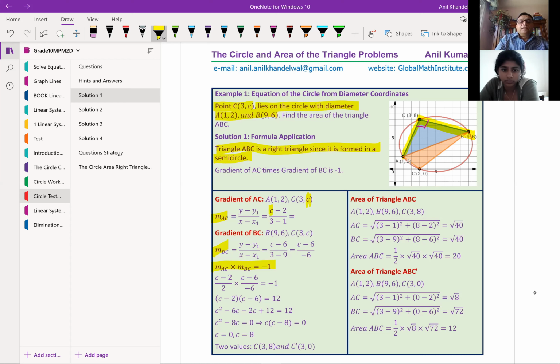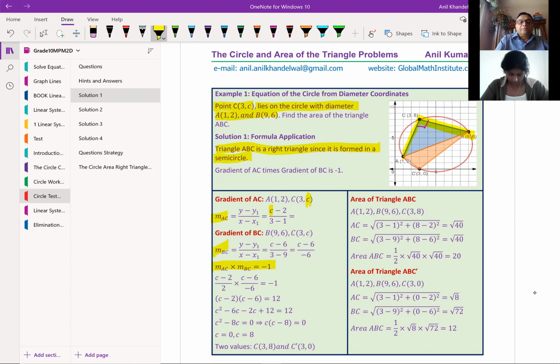So my equation will be y minus y1 over x minus x1 as the slope. And in both the equations, C is involved. So I've got two equations where C is involved. I can equate them and find the answer. So the first one will be y minus y1 over x minus x1, the slope of AC, which is this line.